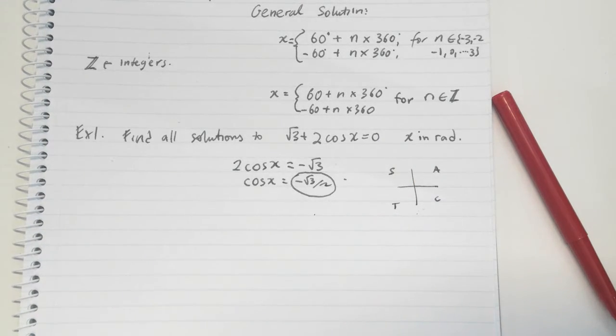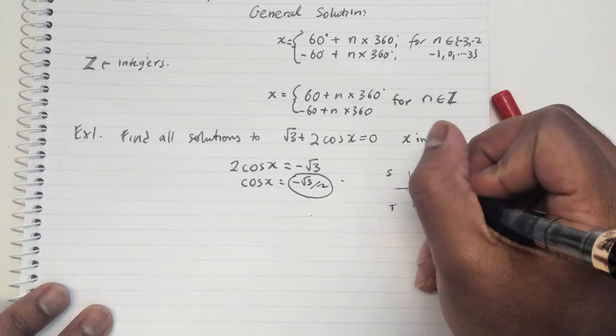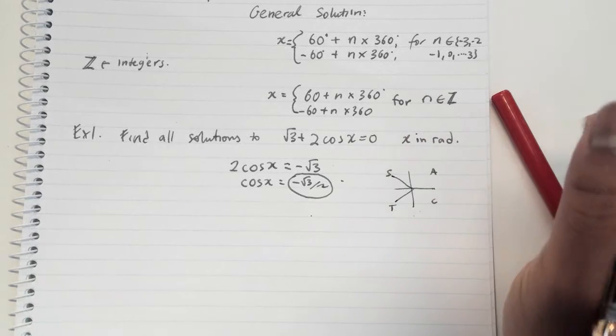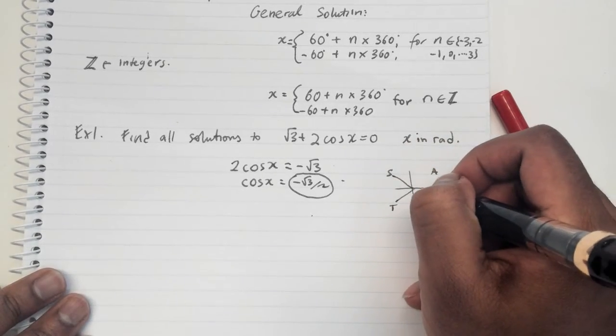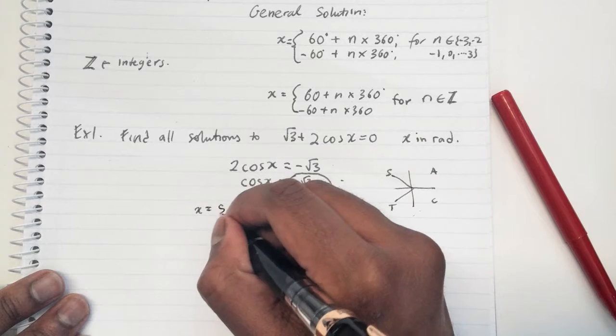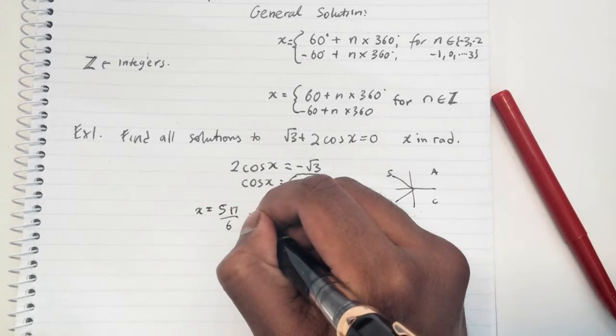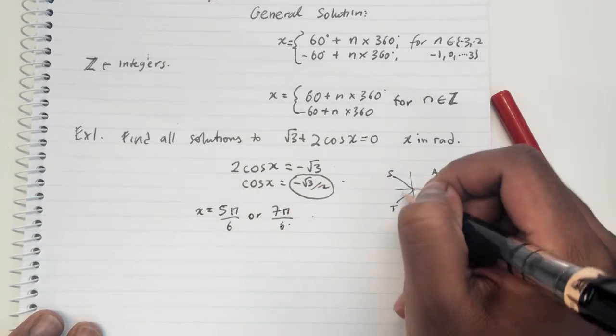Root 3 on 2, what angle is that? 30. So we want it in radians, and we want it there and there. So in this case 5 pi on 6. So x can be 5 pi on 6, or I guess 7 pi on 6, because we're going that way.